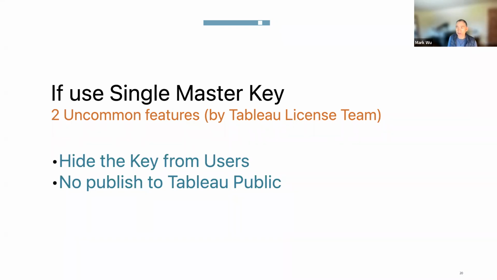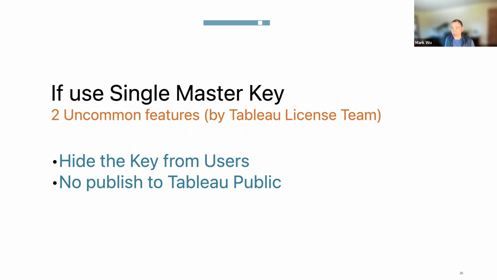Now, if for some reason you still want to use the license key and you use a single master key, there are two hidden features, not common, that can be useful. One is you can hide the key from a user's desktop. When the company has a single master key, you do not want anyone to know the key, and there is a way you can hide it.